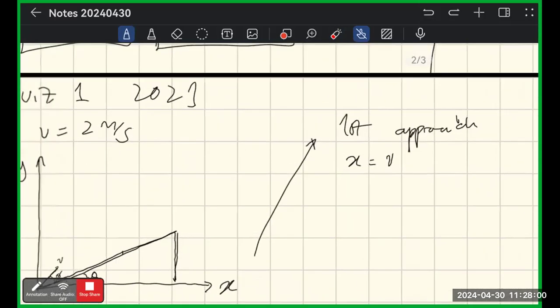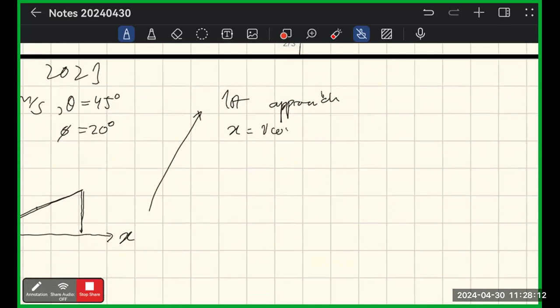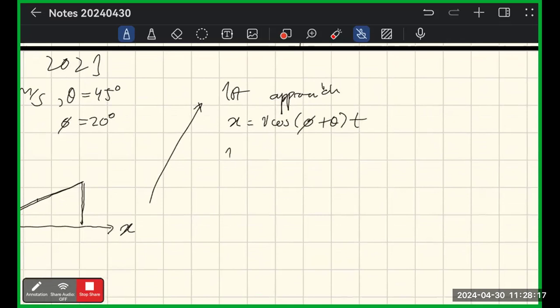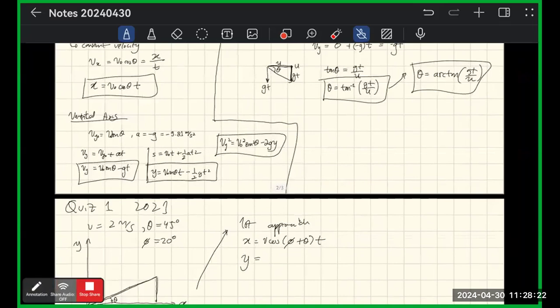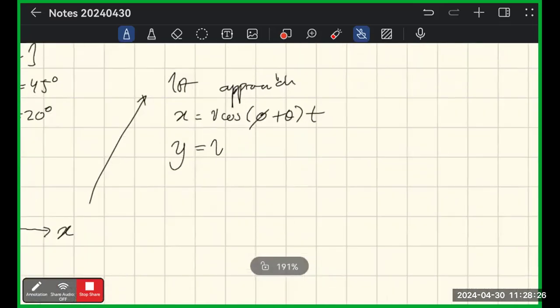I'll write down theta equals 45 degrees and phi equals 20 degrees. The x is v cos of phi plus theta times t, and the y here equals v sin of phi plus theta times t minus half g t squared. And that's it.